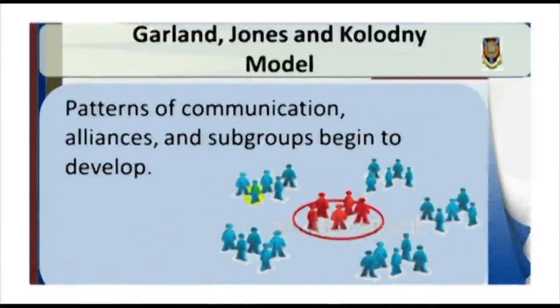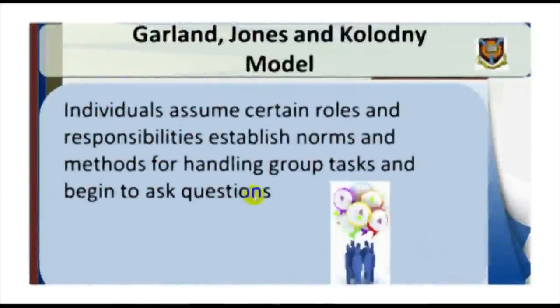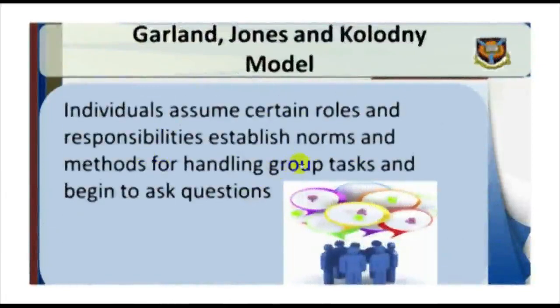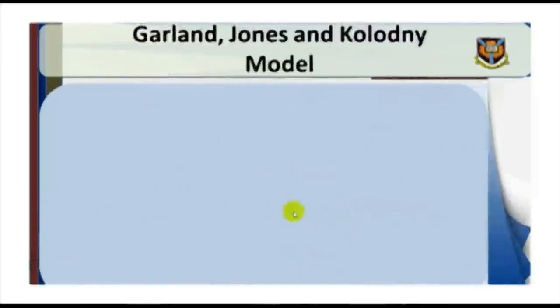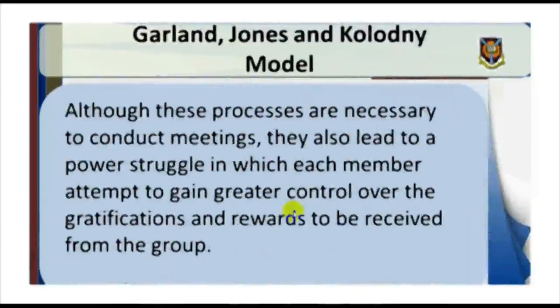Individuals assume certain roles and responsibilities, establish norms and methods for handling group tasks, and begin to ask questions. Although these processes are necessary to conduct meetings, they also lead to a power struggle in which each member attempts to gain greater control over the gratifications and rewards to be received from the group.